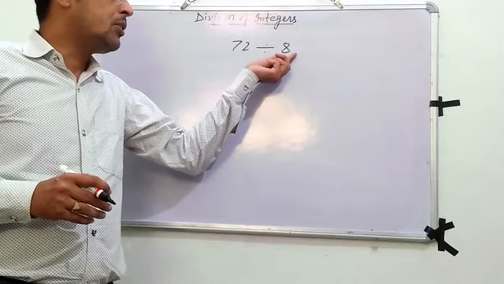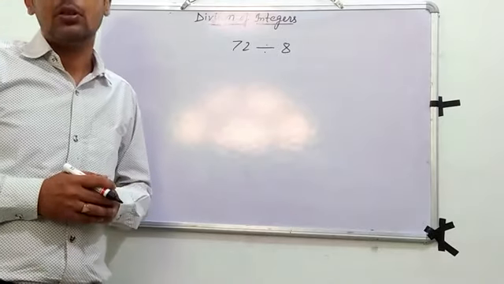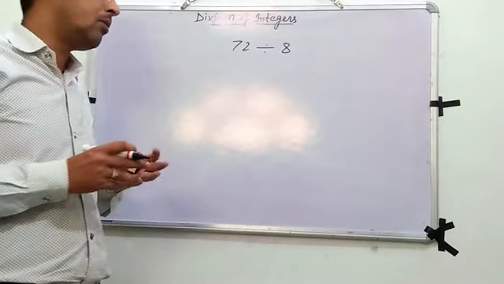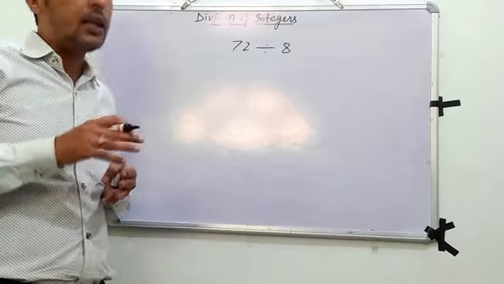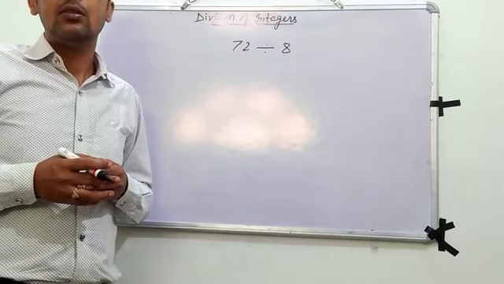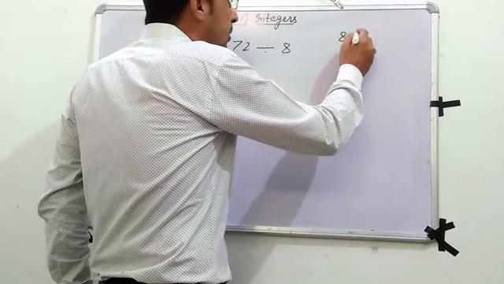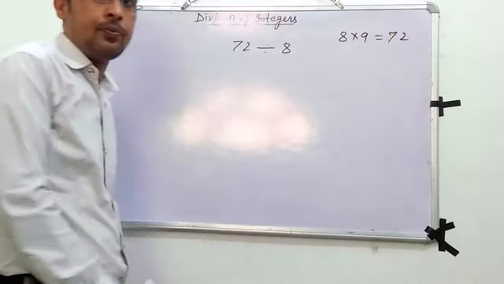What number do you multiply with 8 so that its value equals 72? So we will read the table of 8, and we get that 8 nines are 72. It means that if you multiply 8 by 9, then the value will be 72.